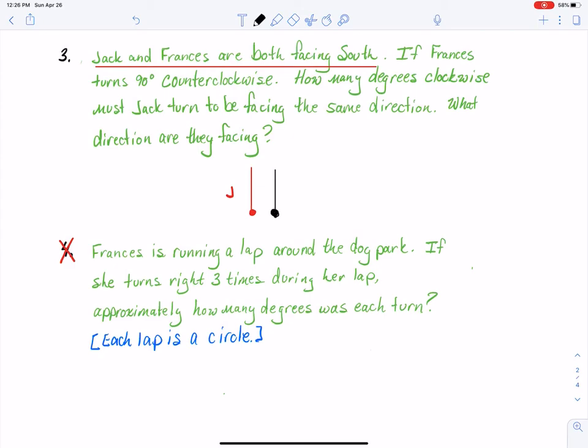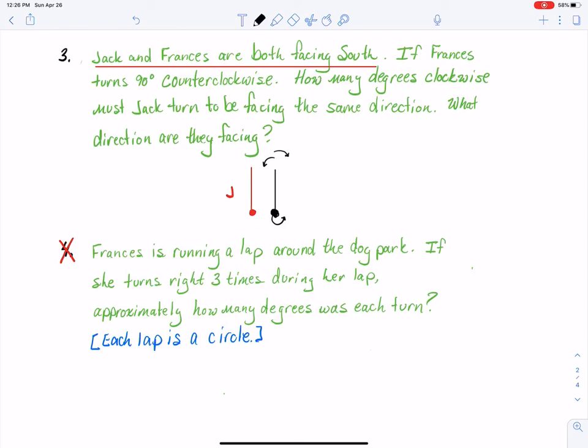If Frances turns 90 degrees counterclockwise. Okay, now let's think about this. Counterclockwise goes this direction. Clockwise goes the other way. So counterclockwise, she's turning towards her, like this. How many degrees clockwise must Jack turn to be facing the same direction?